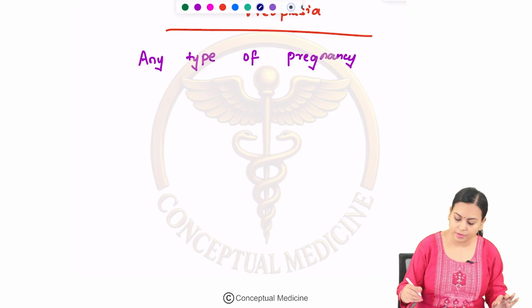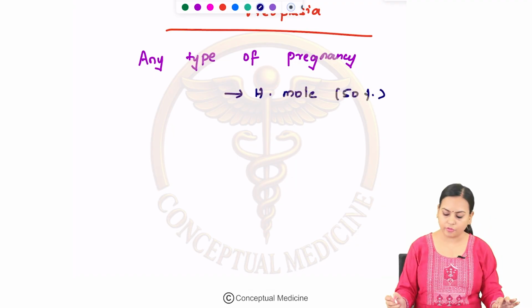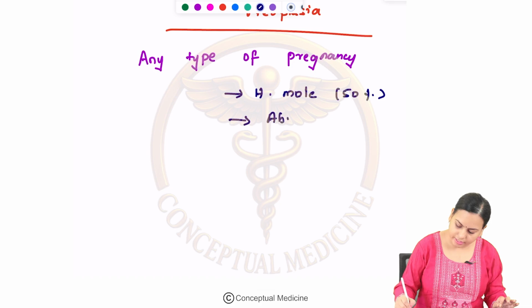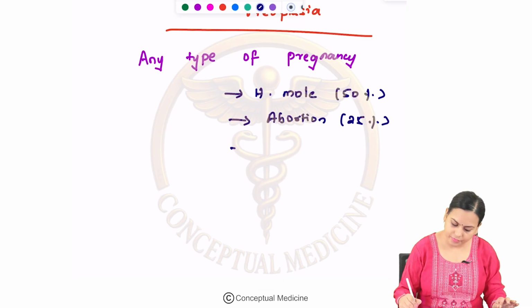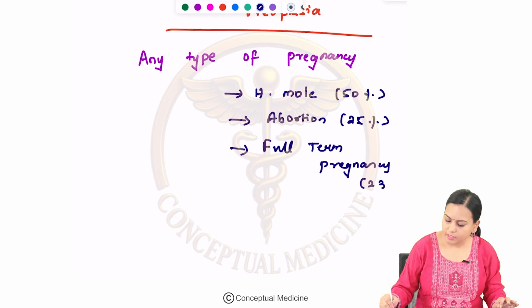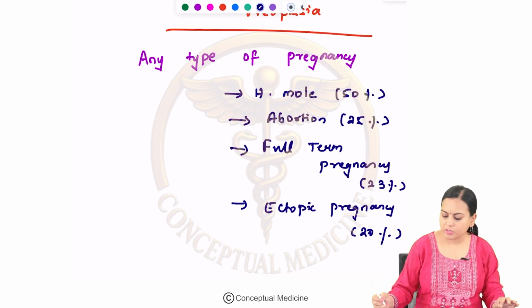It can develop from hydatidiform mole. 50% of the cases develop from hydatidiform mole. Then they can develop from abortion, which will include 25% of the cases, or from a full term pregnancy, which will include approximately 23% of the cases, and finally some cases can also develop from ectopic pregnancy, which will include 20% of the cases.